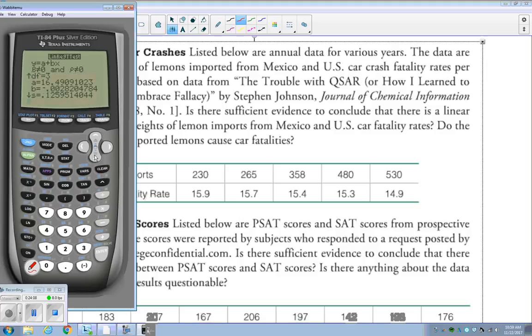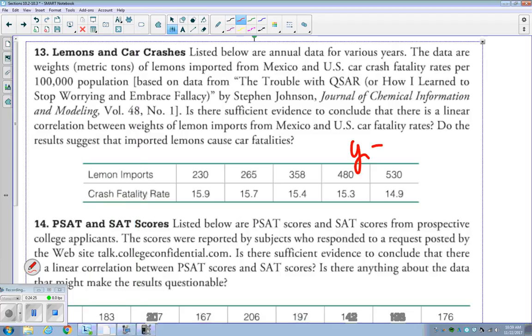I'm going to continue to cursor down, but I want to write this real quick. But you know, when I go to write, it's going to get rid of my calculator. So I'm going to do y is equal to negative 0.00282x plus, what was my intercept? 16.49.